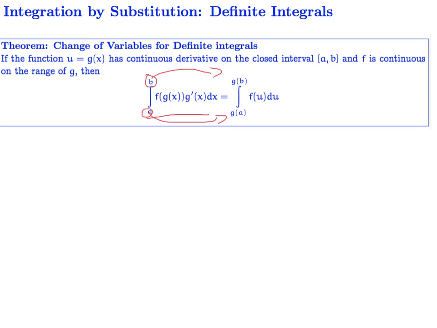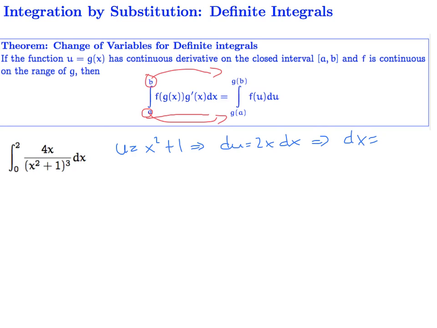So let's see this in our previous problem. Again, we're going to use the same problem we had before, and so I'm going to choose my same u to be x squared plus 1, which gives me a du of 2x dx, which gives me a replacement that I'm going to replace dx again with du over 2x.